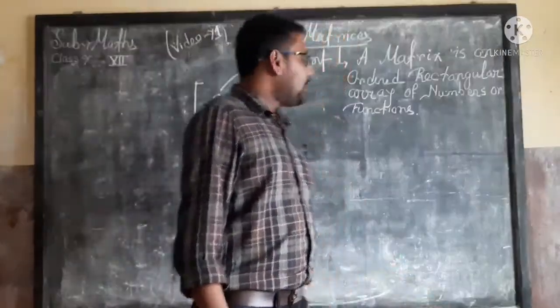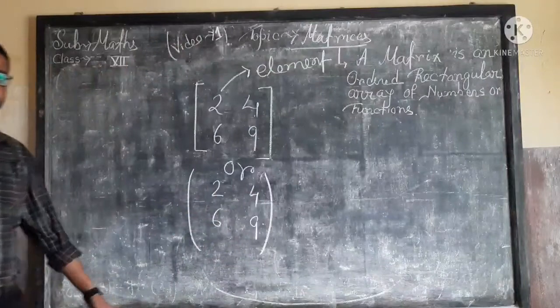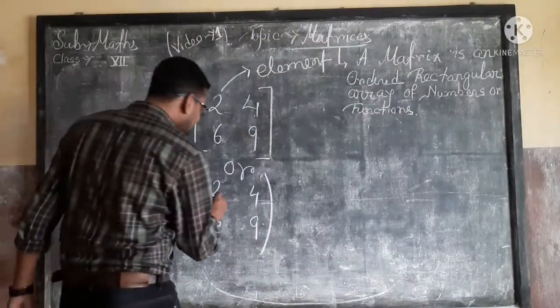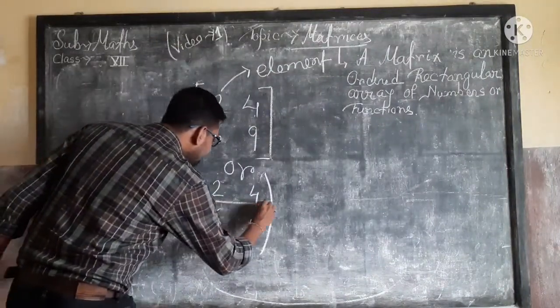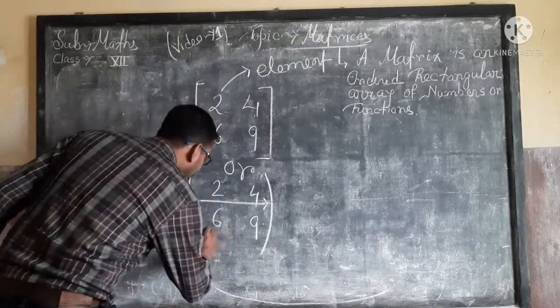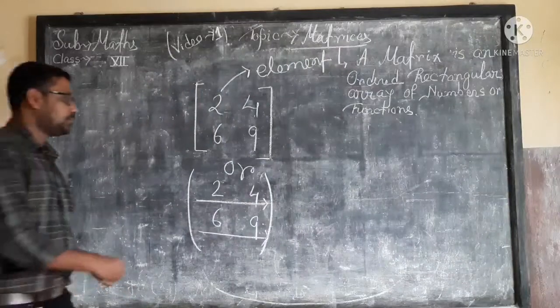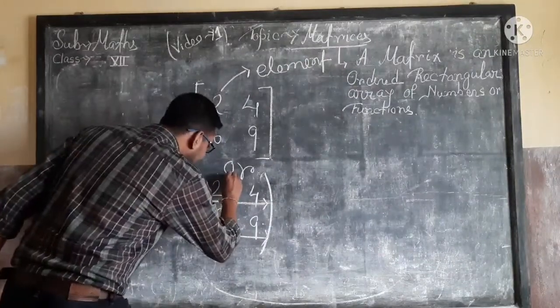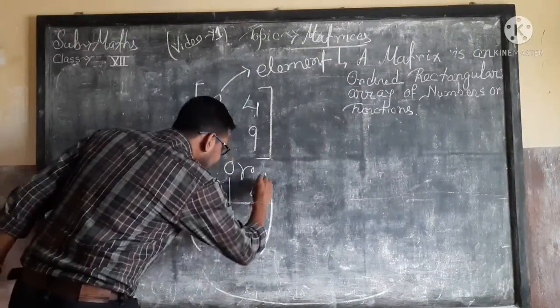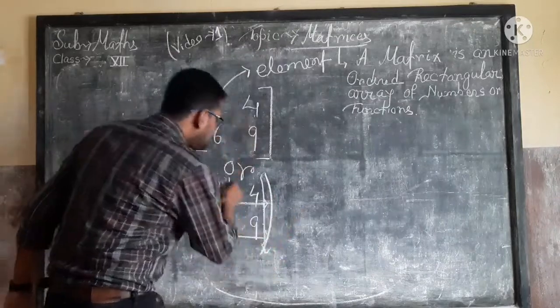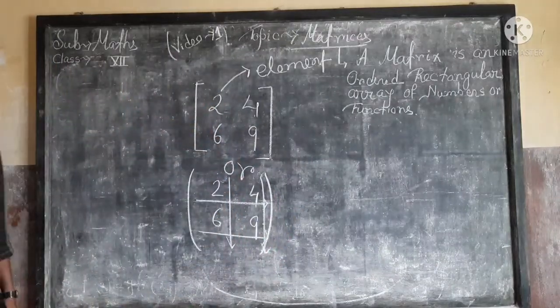So, if you consider this matrix, there are two horizontal lines, and if you consider the vertical lines, there are also two elements.